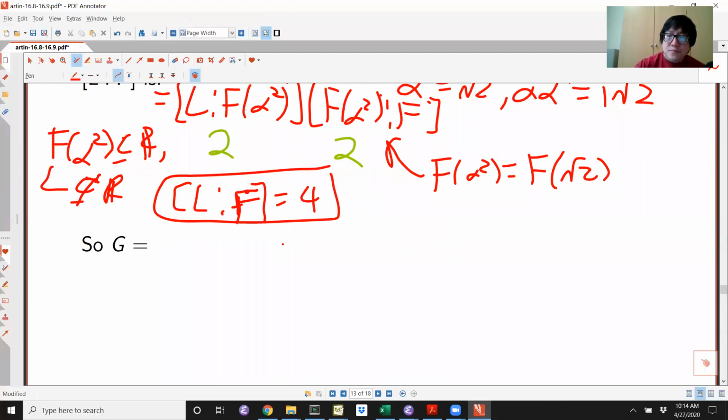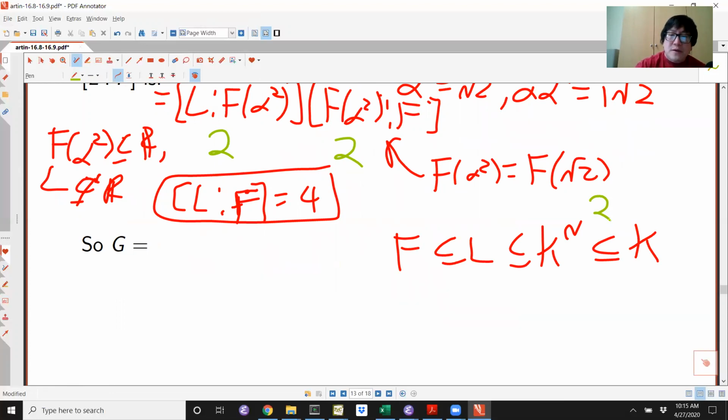So we see now that we have the tower of fields: F is contained in L, which is contained in K. The fixed field of K is contained in K itself, and we know that this degree here is 2, and this degree here is 4, and the degree of K over F has to divide 8, and so it must be equal to 8.